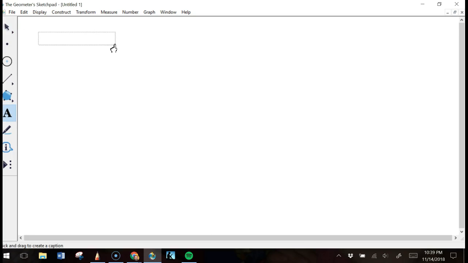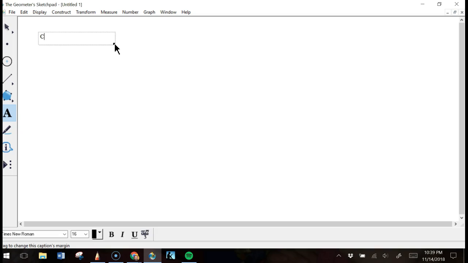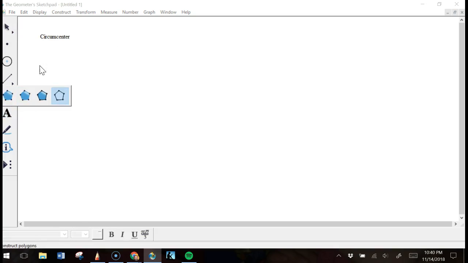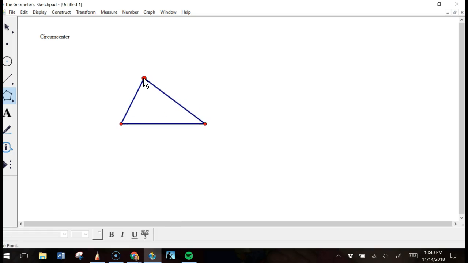So the first one I'm going to create is called the Circumcenter. I want to build just an ordinary triangle here to work on this. The Circumcenter is where the three perpendicular bisectors meet.